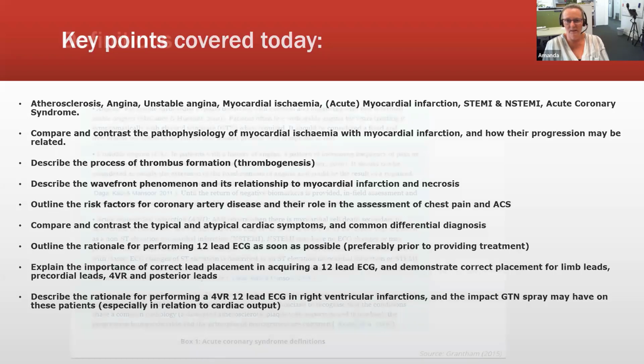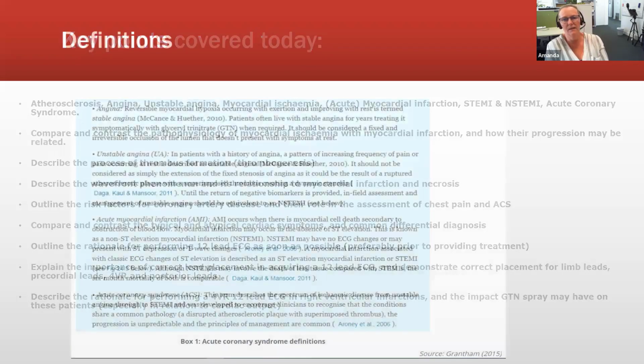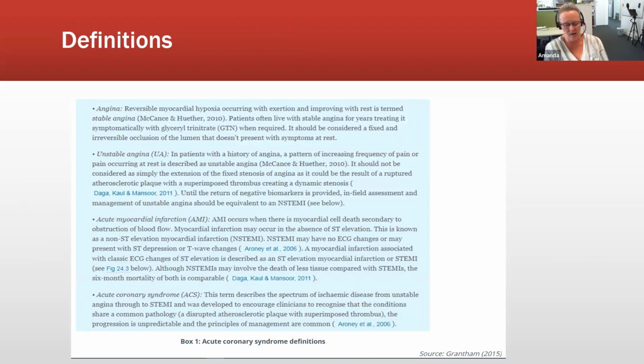or posterior leads. So the key definitions here: there are three areas that come under acute coronary syndrome. The first definition is angina, which is actually a reversible myocardial hypoxia. It is not part of ACS. So if somebody has angina, they are not considered part of the ACS umbrella.